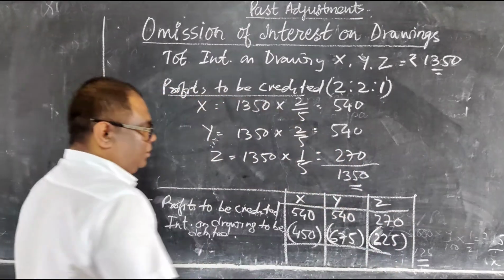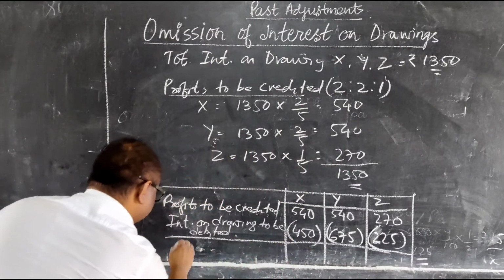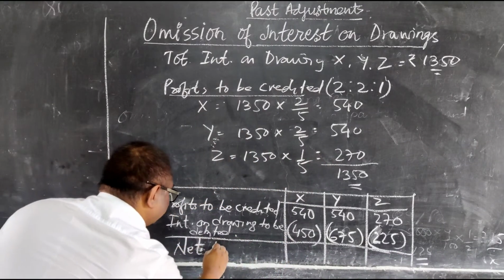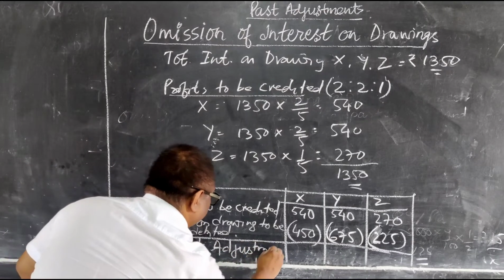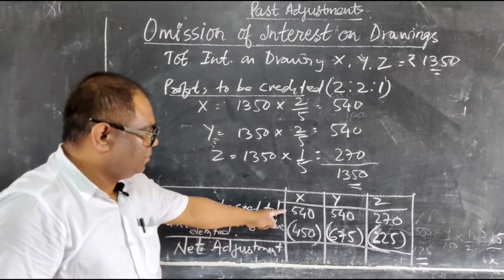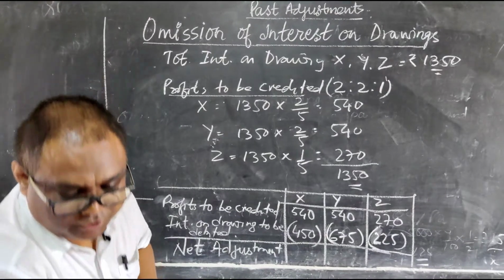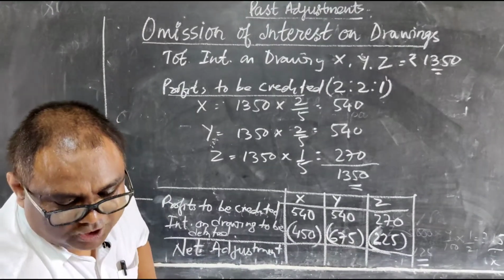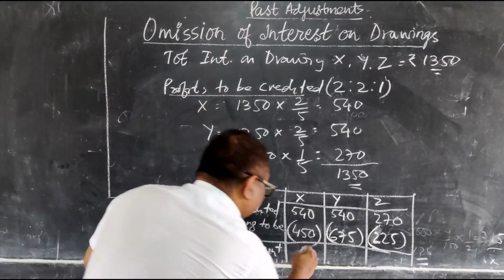Now, what is the net adjustment? X is getting profit 540, but X has to return 540 minus 450, so we get 90.